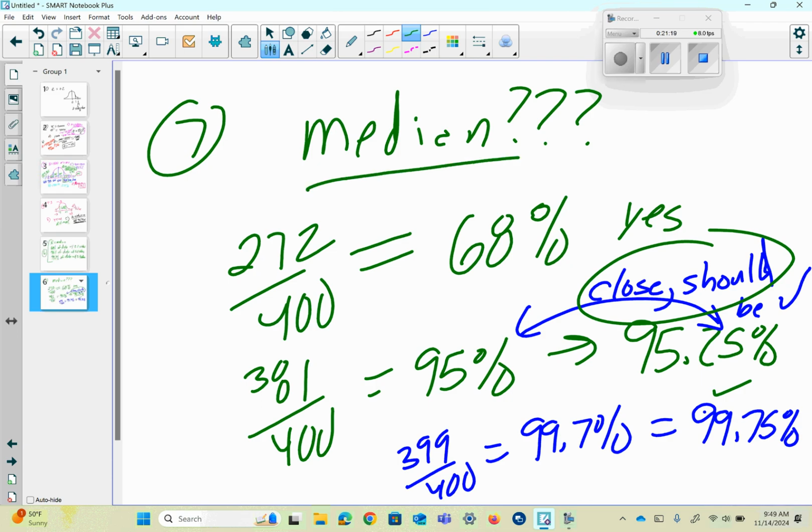But my big thing that we're missing here, it says 400 people are measured, blood glucose, that standard deviation. I'm missing the median. So if you were given this type of situation, you want to get all the information provided. If you don't, then that's where it is.